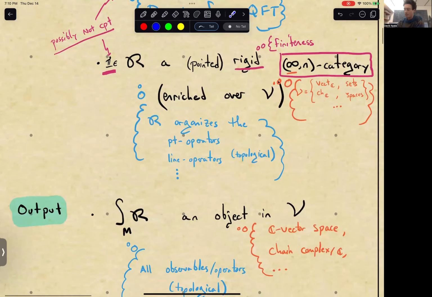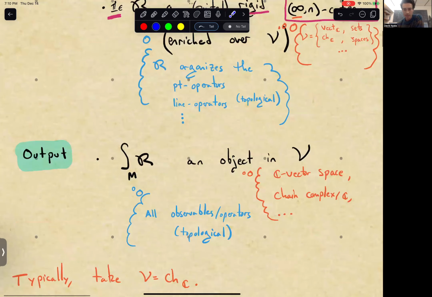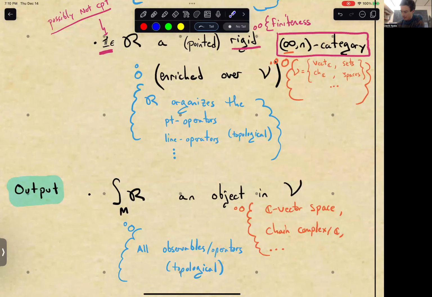The output is an object in V. So the best case to take, as I'll mention in a second, is where V is chain complexes, in which case factorization homology will be a chain complex. And a way to think about it is all possible observables or operators, at least those that are topological. It organizes all of them. So that's what this talk is about.